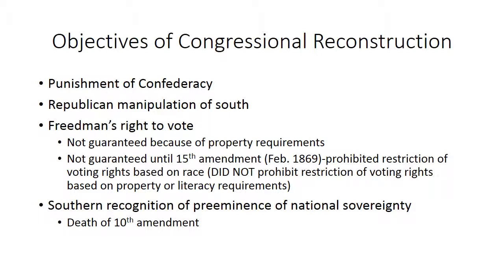In the writing of the Constitution, Madison promised to write a Bill of Rights that would guarantee not only individual rights, but also the rights of the states. Okay? This is incorporated in the 10th Amendment. The 10th Amendment says that all those rights not explicitly given to the national government are reserved to the states. This is what gets shot through the head in the Civil War. From that point forward, national sovereignty is trump.